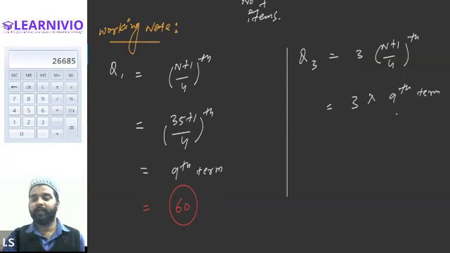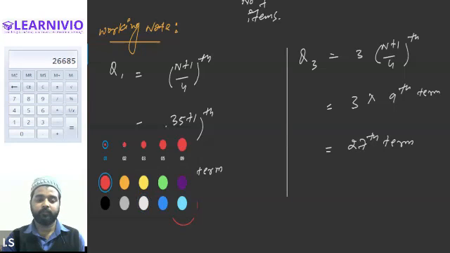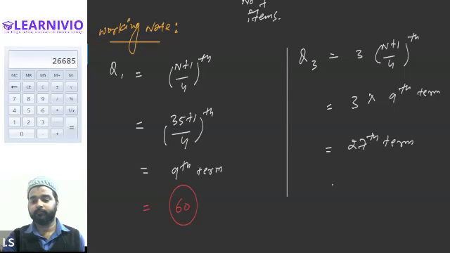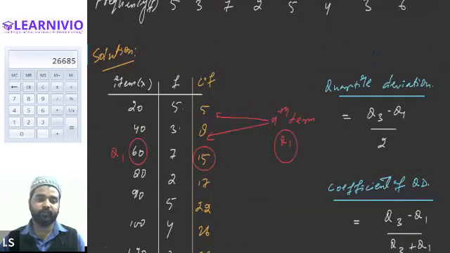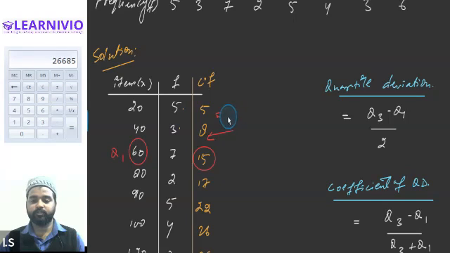So we will multiply 9 by 3, and we will get the 27th term. So the 27th term in the series will be our Q3. Let's find out the 27th term. This time you tell me which is the 27th term.